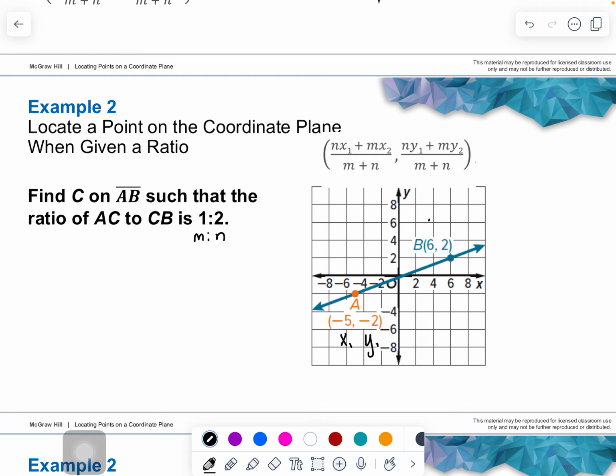This is x2 and y2. And I have to double check because you have to make sure you're going in the right direction. Because remember, if you're going from m to n, you need to make sure that A is on the m side, B is on the n side. There we go. A to B, m to n. Okay.